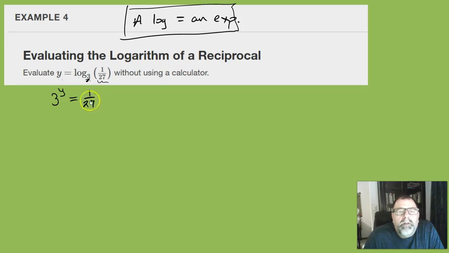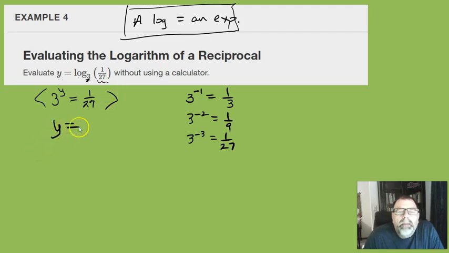Whenever you have a reciprocal like this, think of that as a negative exponent. So 3 to the negative 1 is 1 over 3. 3 to the negative 2 is 1 over 9. 3 to the negative 3 is 1 over 27. So y equals negative 3.